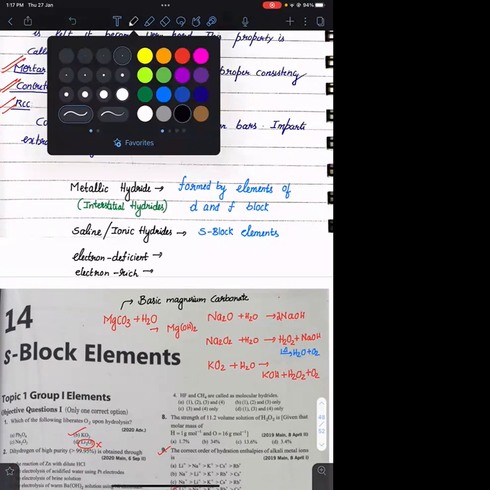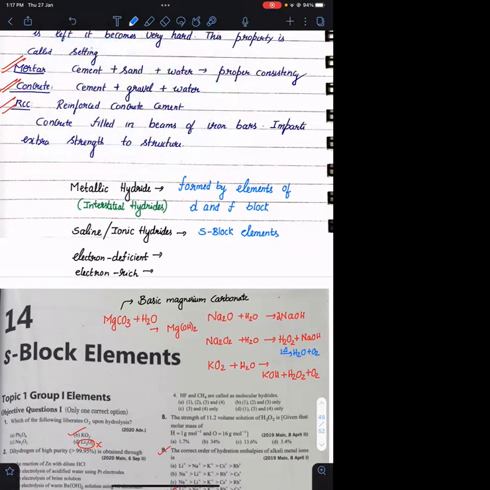Group 13 elements के जो भी hydrides रहेंगे, those are electron deficient hydrides. Examples: BH3, which exists as B2H6, AlH3. Okay, so all these are having octet incompletion. Electron deficient मतलब octet incomplete होगा.